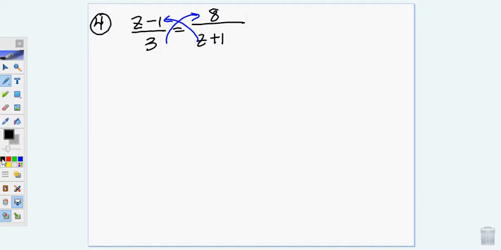In case you don't remember, let me give you a hint. a plus b times a minus b always equals a squared minus b squared, right? So here's my a term, here's my b term. So I'm going to end up with a squared, which is z squared, minus b squared, which is 1 squared. Okay?